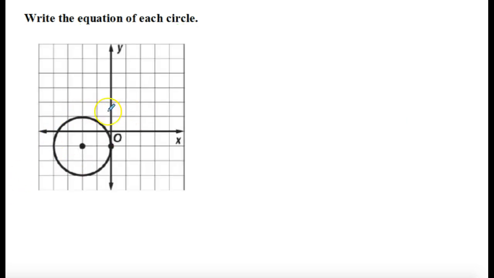So now, what about if we're given a graph? How can I write the equation of the circle? Well, I still need those same 2 pieces of information. I need the center and I need the radius. So just by looking at the graph, I can see that the center of the circle is at negative 2, negative 1. And I can see that the radius, the distance from the center to a point on the circle, is 1, 2.